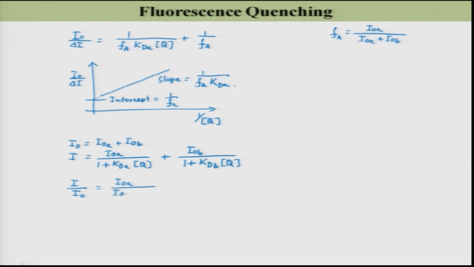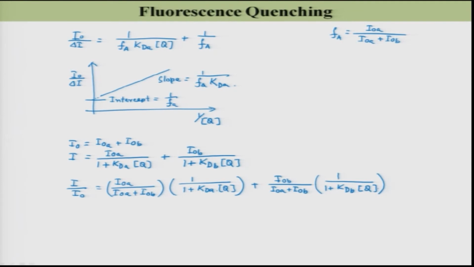This will be equal to I0A divided by I0A plus I0B into 1 over 1 plus KdA into Q, plus I0B divided by I0A plus I0B into 1 over 1 plus KdB into Q. So, I write this as FA, as I have defined.